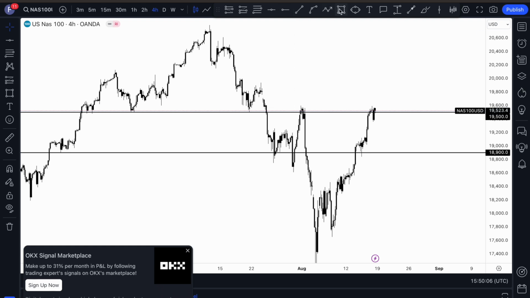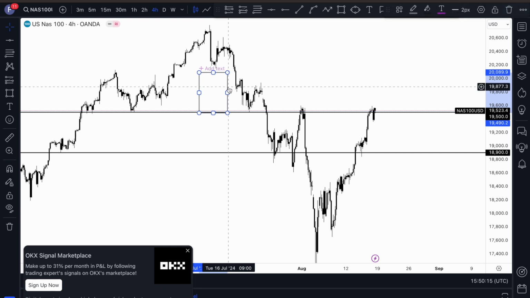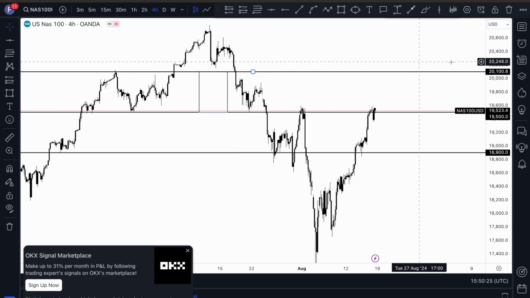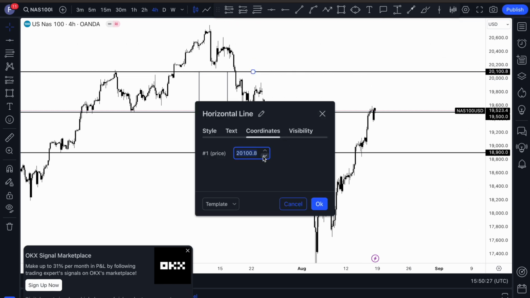So meaning now for me to get another zone whereby the market is being respected, I just need to get my 2 support and resistance, then I just measure, then I'll get all the lines or the support and resistance that I want.